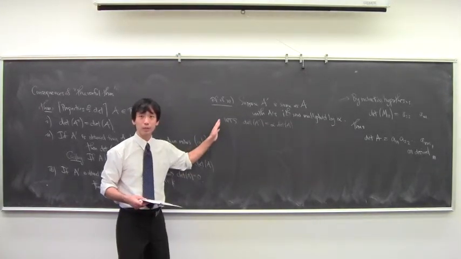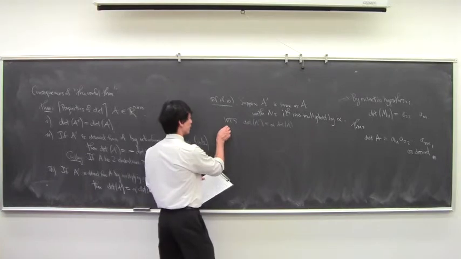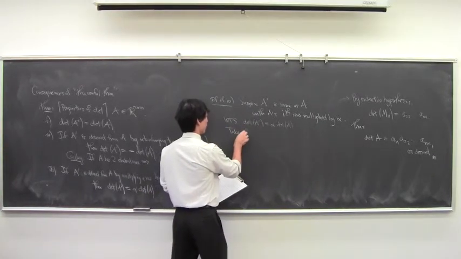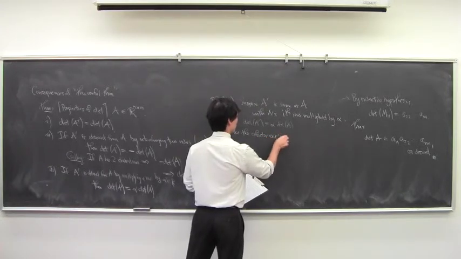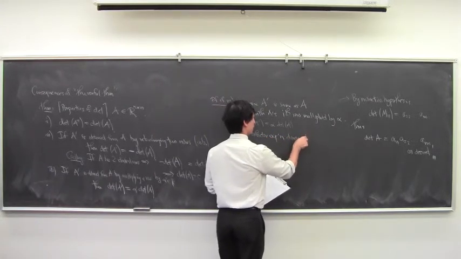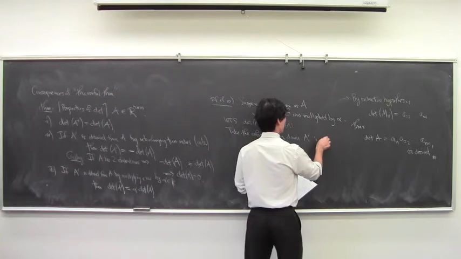Take the cofactor expansion down A prime's ith row.